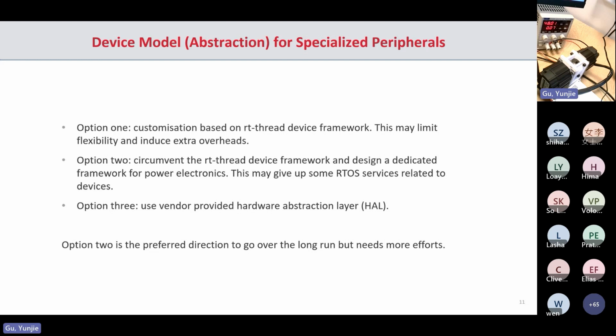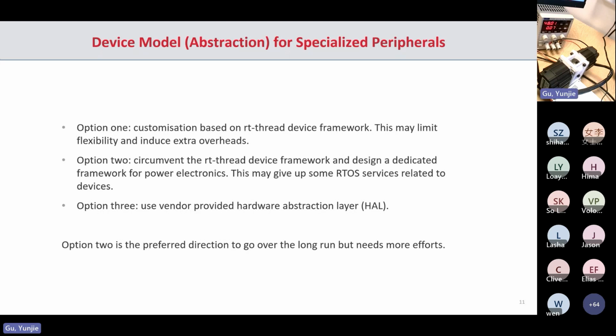There are 3 options. The first is based on the RT-Thread device framework, which is great, and it also opens some flexibilities. Say the device model opens some OPS callbacks, and you can define your own APIs based on those callbacks, which is good. But this may limit the flexibility of the PWM. Say we want the PWM to be interlinked to the ADC. This does not exist in the current RTT device model.